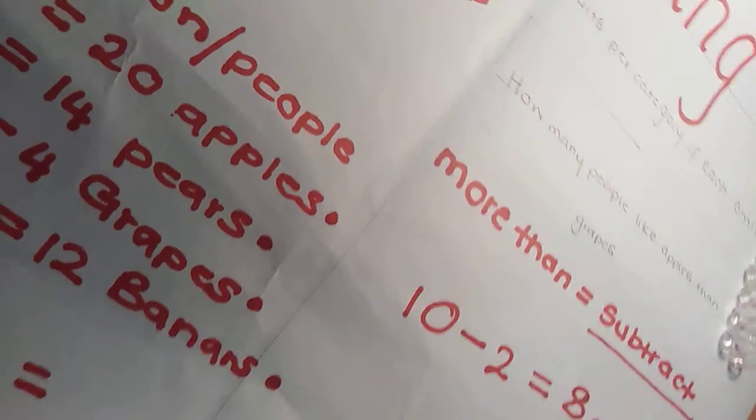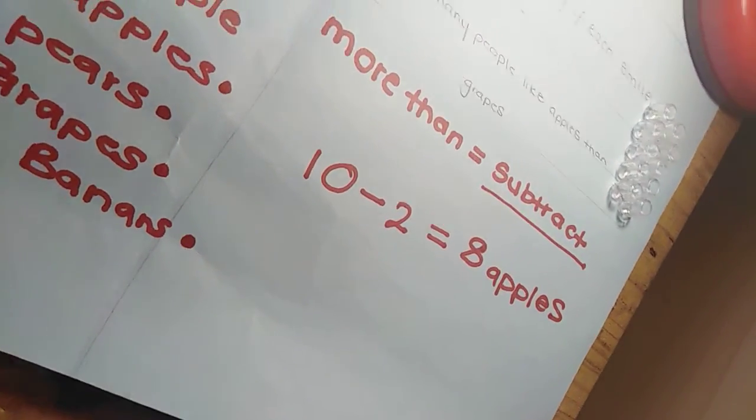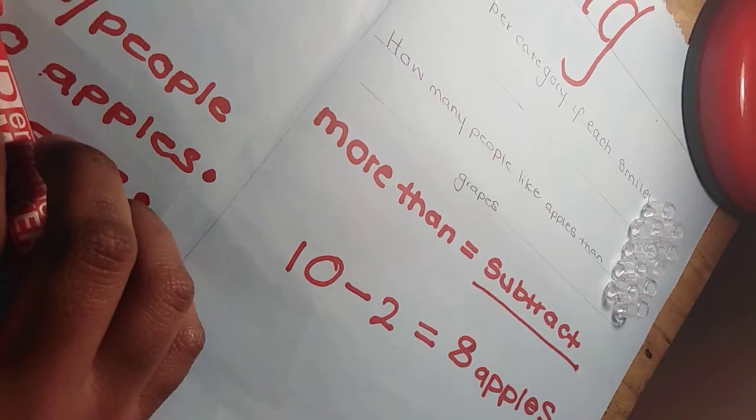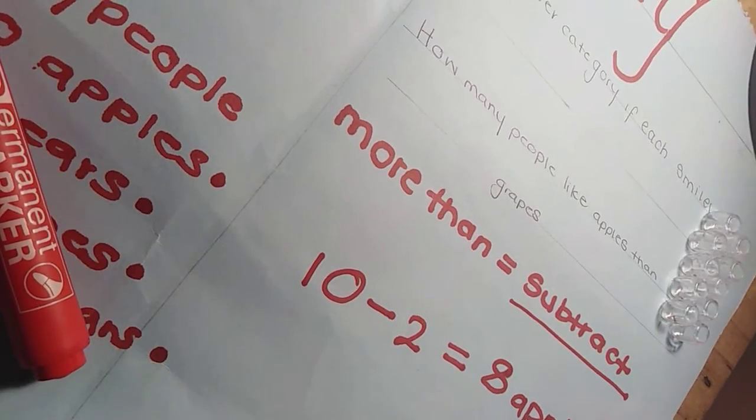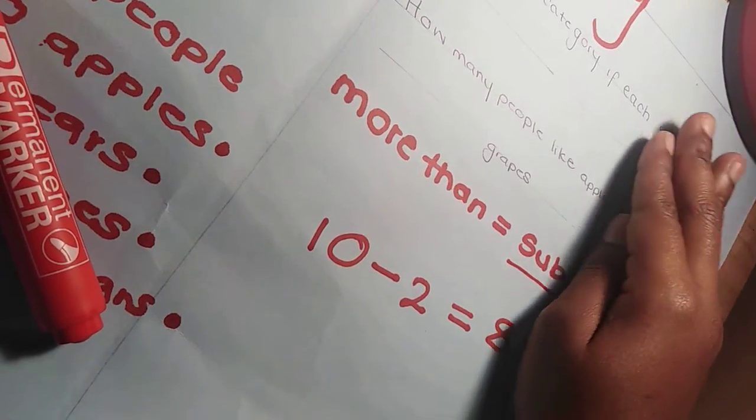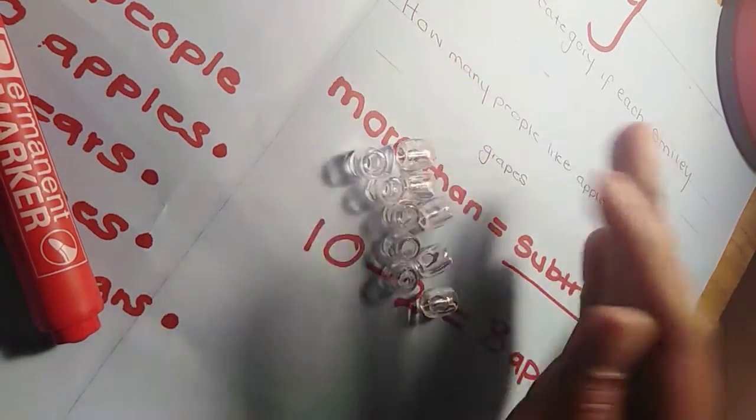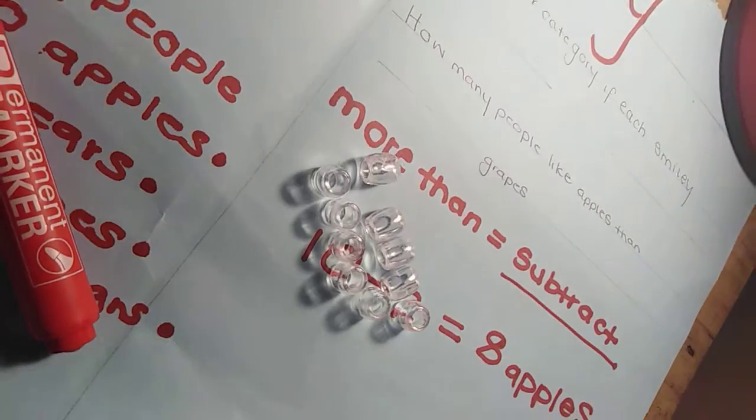So it tells us that 8 people like apples. Okay. So the next way we could have done this is that you could have taken your beads. You can even use bins and everything you find around the house.